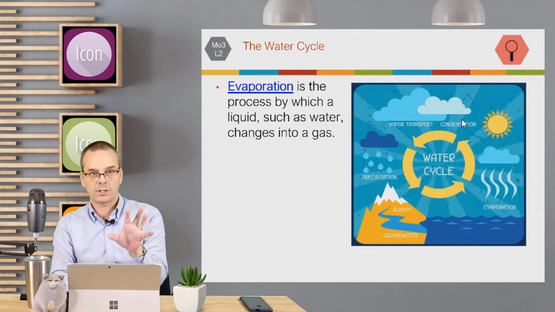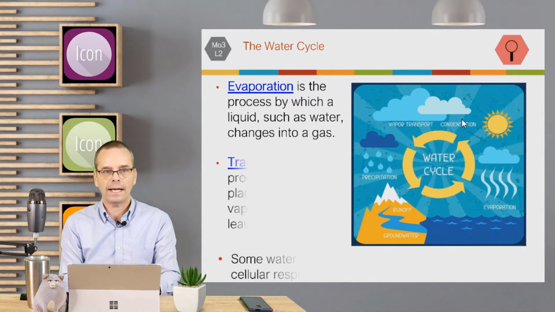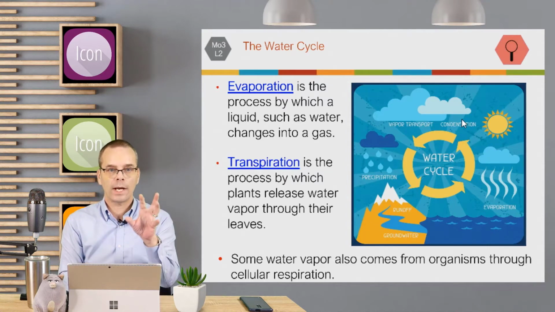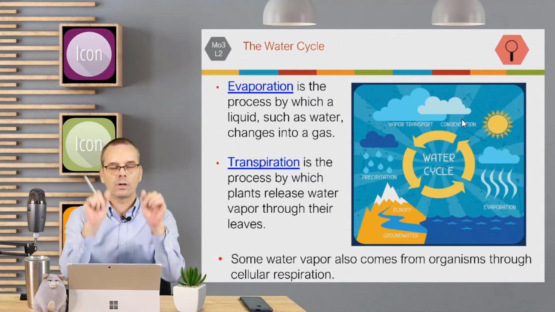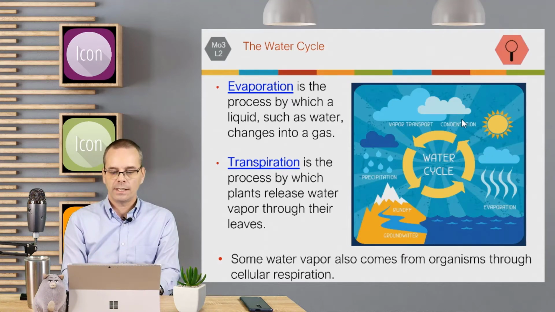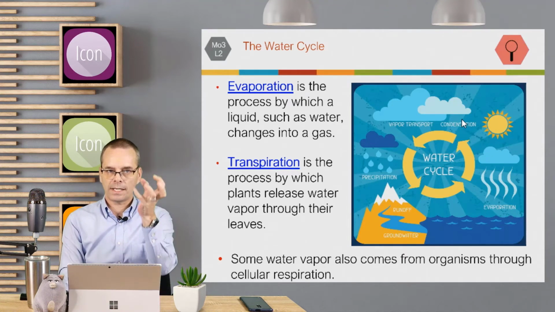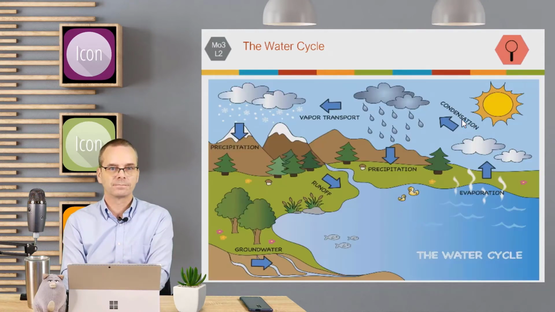So evaporation is the process where water changes into gas. All right? Transpiration is when plants release water vapor out of their leaves into the air. Now understand, this is not all about heat on the plant. Sometimes in a plant, it's a process almost like breathing. So it's called cellular respiration.